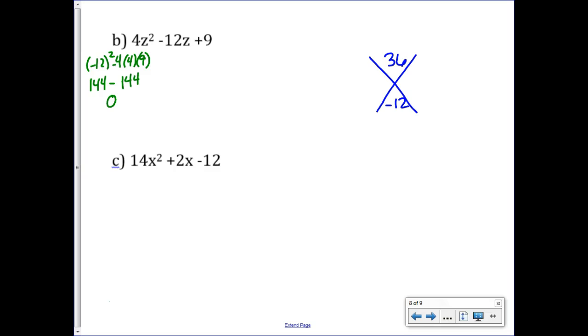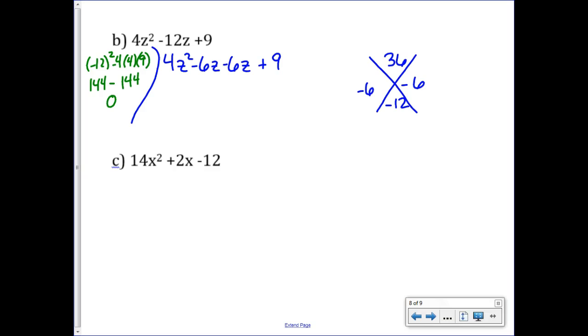Well, I need it to multiply to a positive, but I need it to add to a negative. So negative times negative will give me a positive. Negative 6 times negative 6 would give me a positive 36, but would add to negative 12. So I have 4z squared minus 6z minus 6z plus 9.